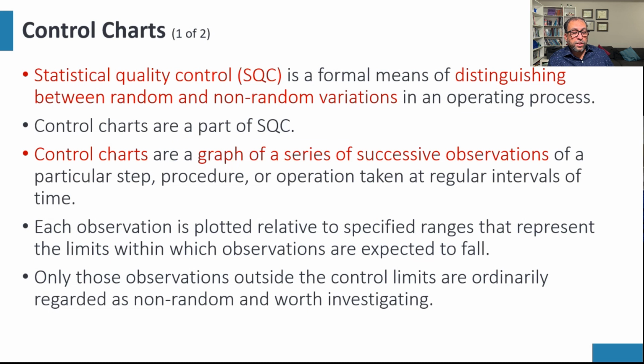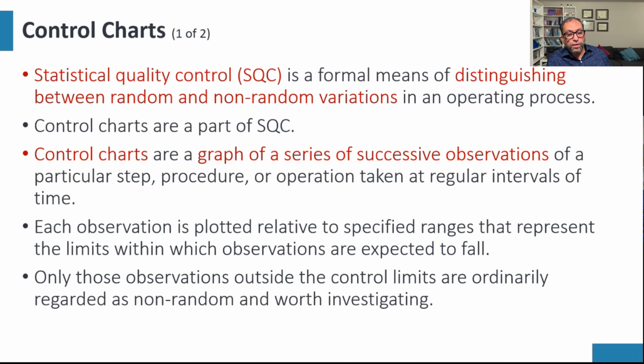So control charts: how we can control this whole process of quality control. Statistical quality control is a formal means of distinguishing between random and non-random variation in the operation process. Control charts are a part of SQC, statistical quality control.